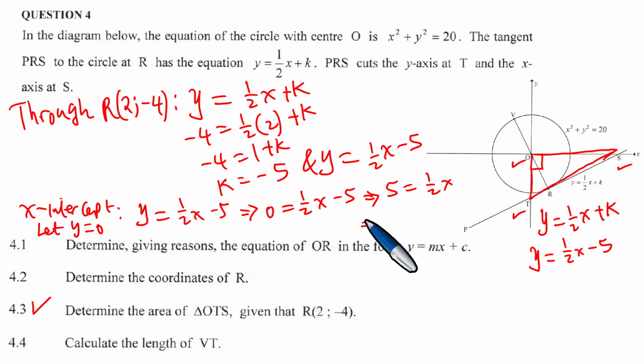You cross multiply, 2 times 5 gives us 10 equals x. That is telling us the coordinates of S: x is 10 and y is 0 at this point.